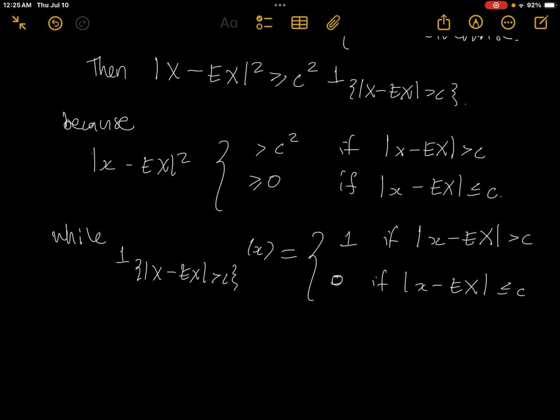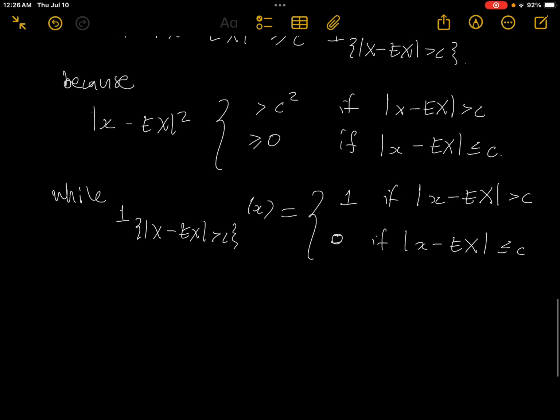So by definition, the left-hand side is greater than or equal to c squared times the right-hand side. The first function is greater than or equal to c squared times the second function, I mean.